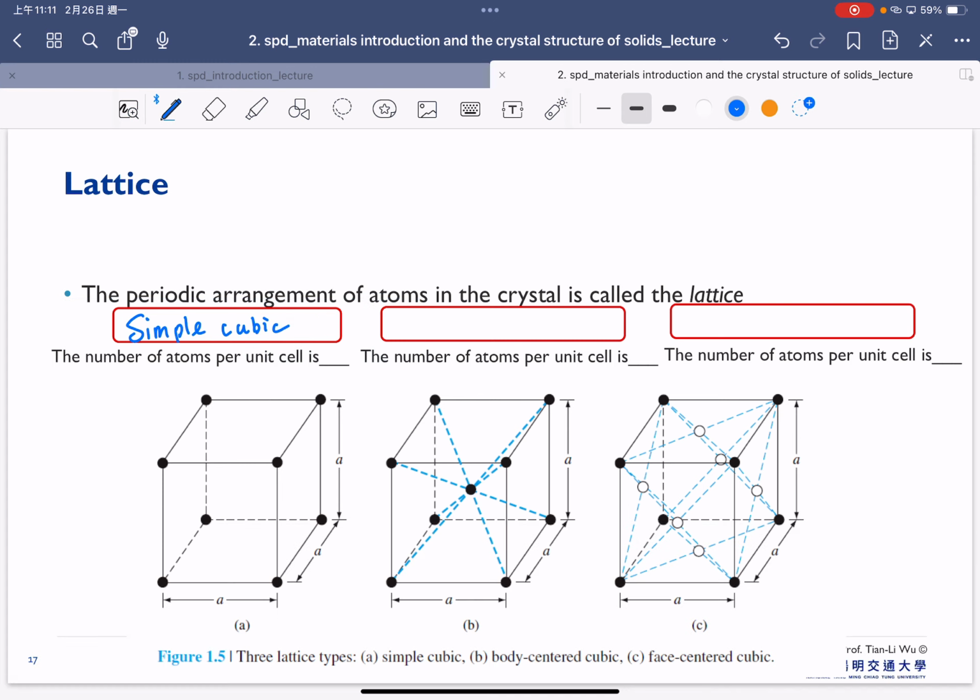So in the case of simple cubic, for the number of atoms per unit cell, we have 8 atoms in the corner. So we have 8, and then each one only contributes 1/8 portion. So in the end, the number of atoms per unit cell is equal to 1.